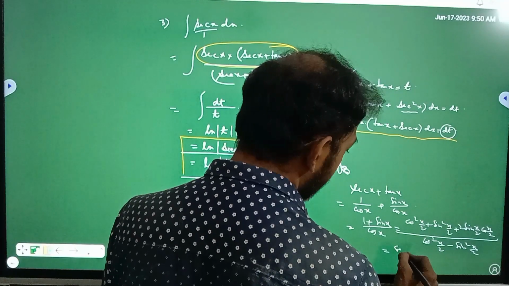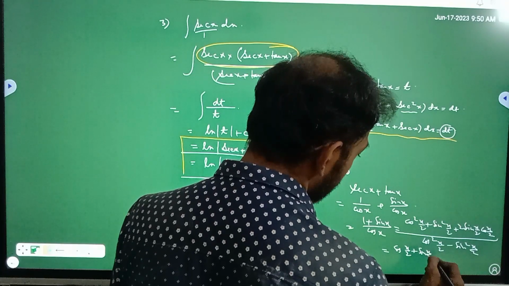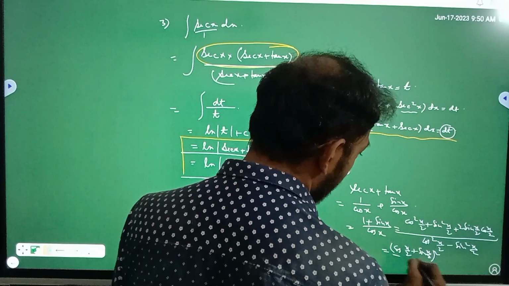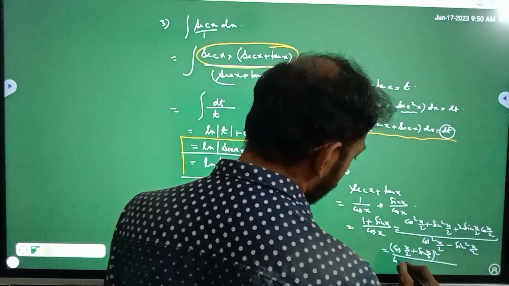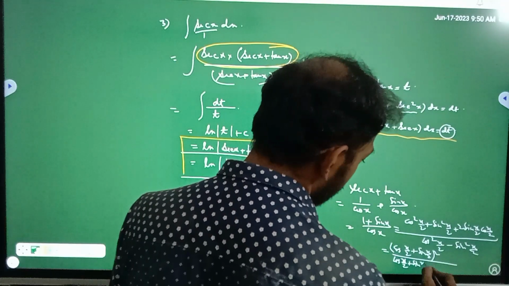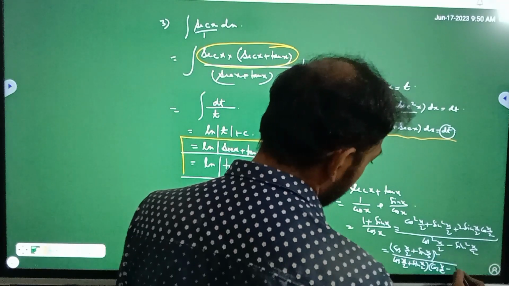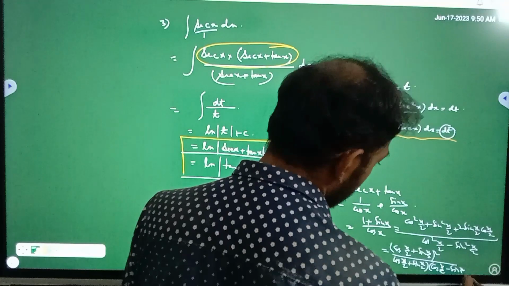So the total value will be (cos x by 2 plus sin x by 2) whole square divided by (cos x by 2 plus sin x by 2) into (cos x by 2 minus sin x by 2).